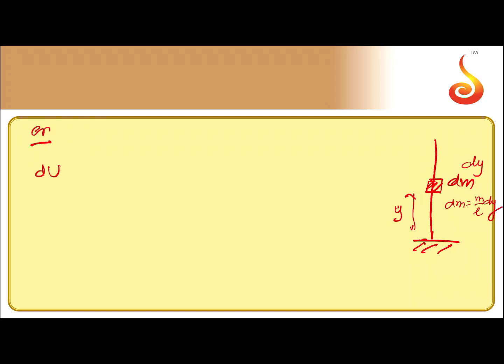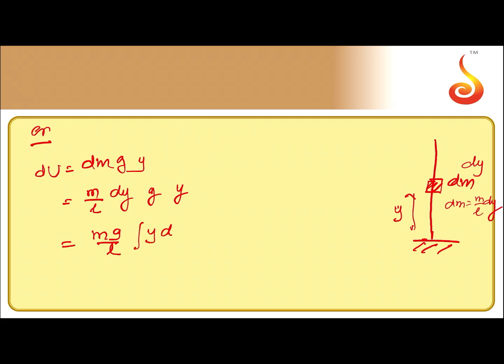So the gravitational potential energy of this element becomes dm into g into y, that is m by L into dy into g into y, or mg divided by L integral y dy from 0 to L. Upon simplification, the integral of y dy is L square by 2, so I am left with mgL divided by 2 as the answer.